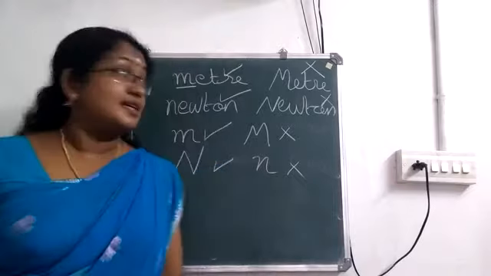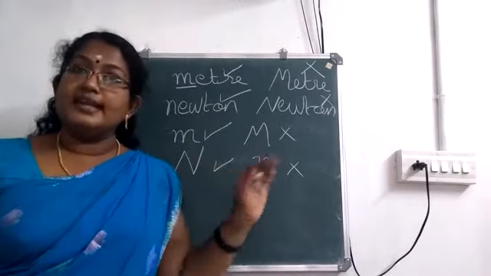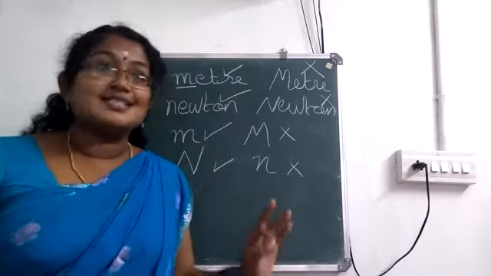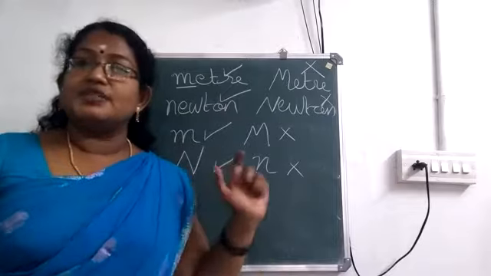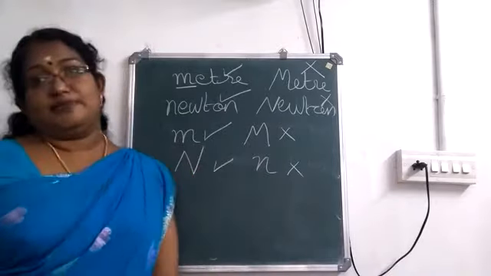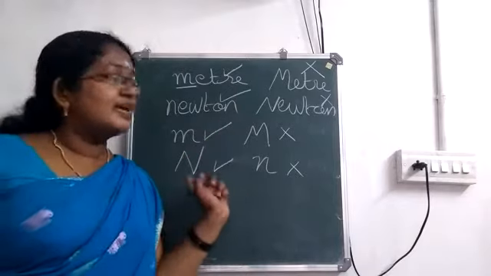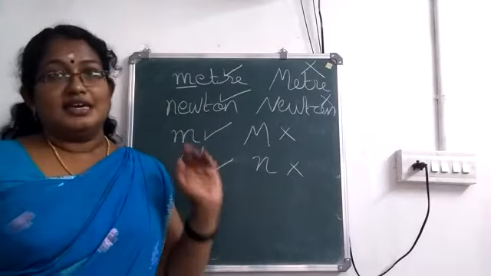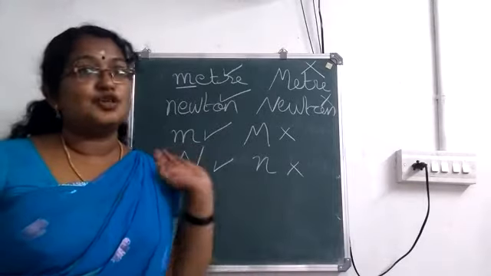Did you understand? If we are writing the symbol of a unit and it is not named after a scientist, it should be in small letter. But if it is named after a scientist, it should be in capital letter. So be careful next time onwards. If you make a mistake in this, I won't give you marks. Even though you have written the unit, if it is not written in the proper manner, no marks for you.